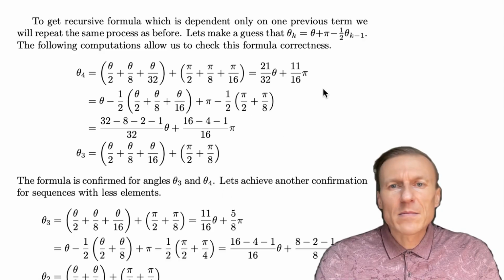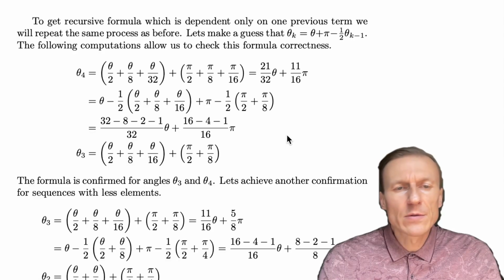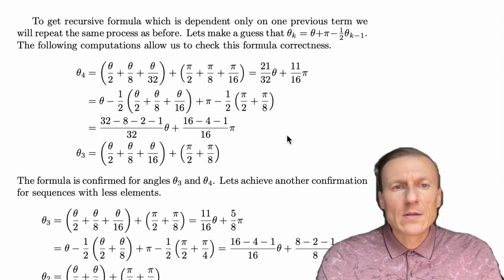I also will make an educated guess that the formula must have the following form: initial angle theta plus pi and minus 1/2 of the previous term. I also will start from the top to the bottom.